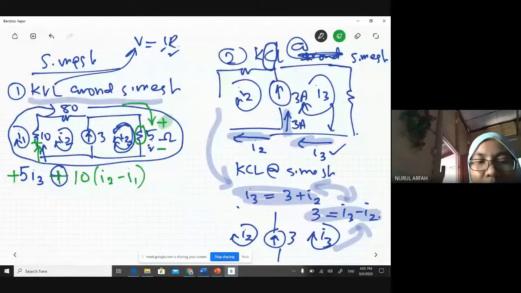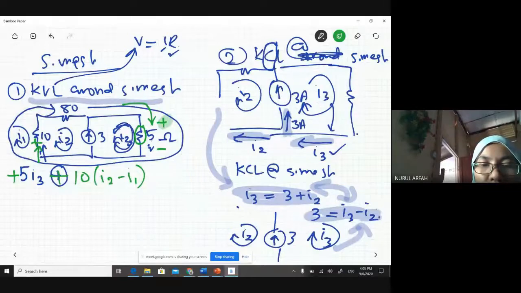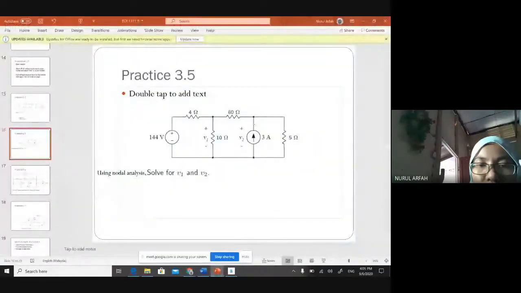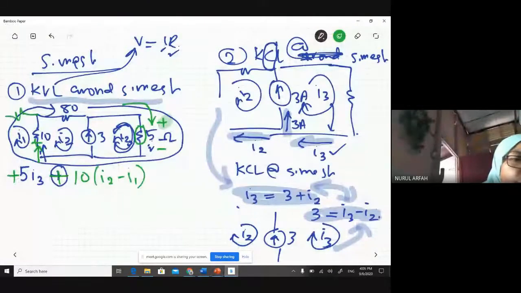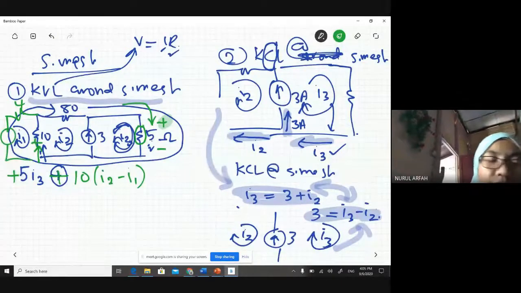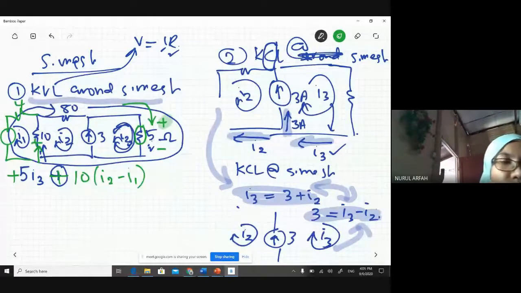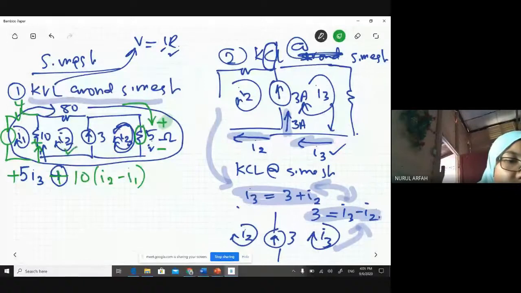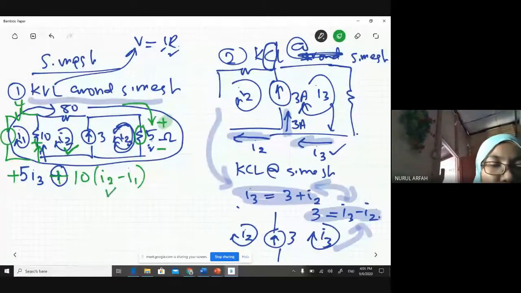Why do I minus I1? You look back at your circuit here. You have 4 and 144. Here 4 and here 144. Another loops, right? So you need to choose your main loop first, minus the opposite loops.